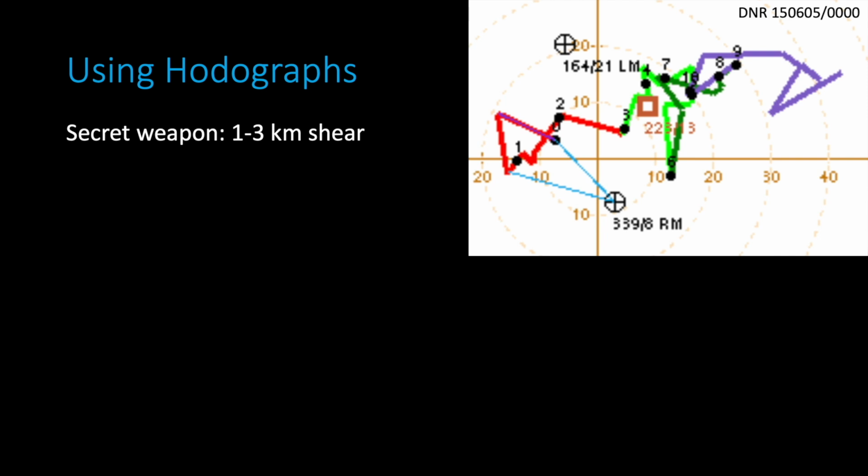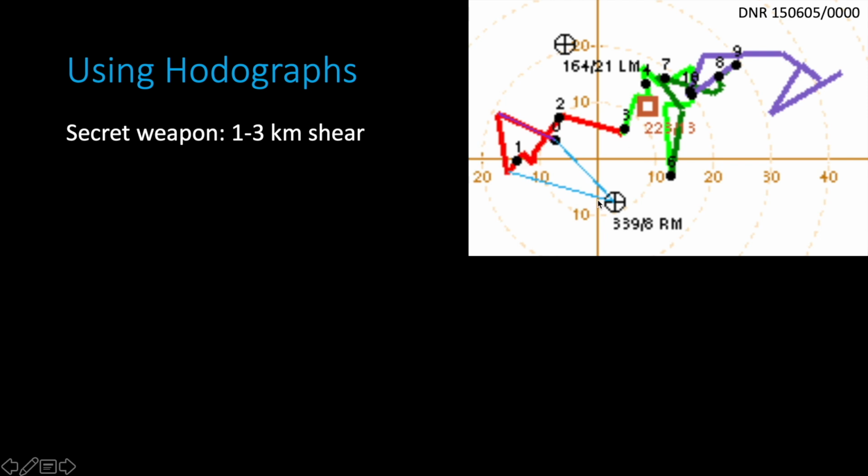This was actually the Simla, Colorado day, and you can see how there's very weak 0 to 6 kilometer shear here on that hodograph. However, if you look a little bit above, we got some pretty decent shear up to about 4 or 5 kilometers or so. So this was very likely a surprise environment, because if you're checking SPC mesoanalysis and you're looking for that 0 to 6 kilometer shear, it's probably not even going to show up on that map because there's only about 20 knots of it or so.